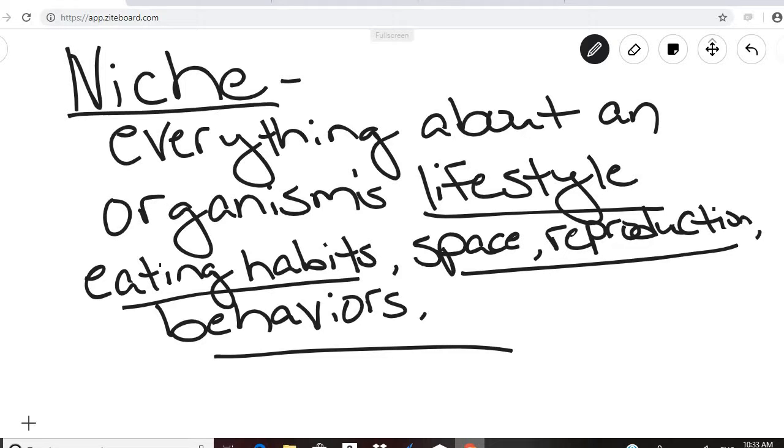So the niche of an organism is basically everything about that organism that allows it to live, to survive, and to see population growth.